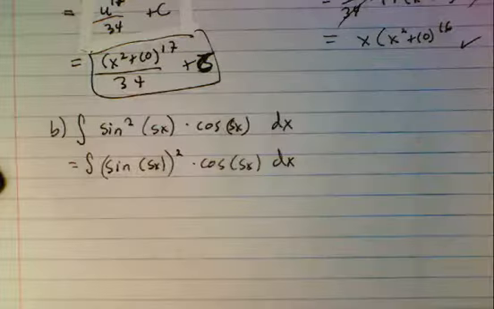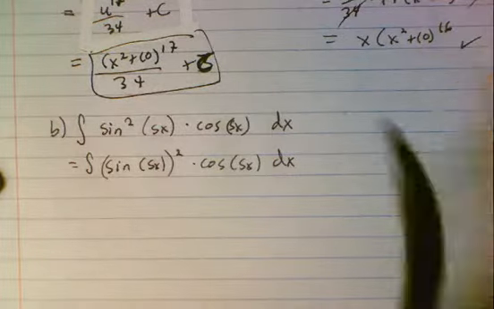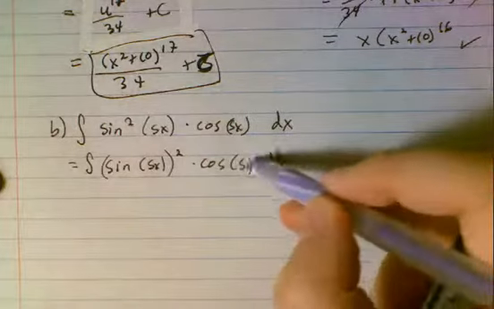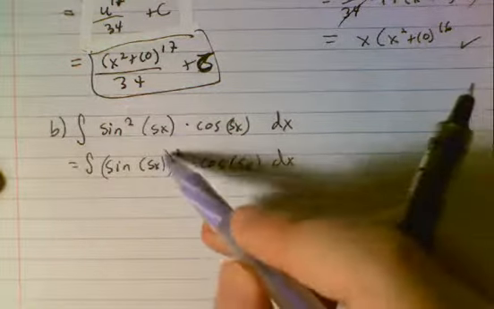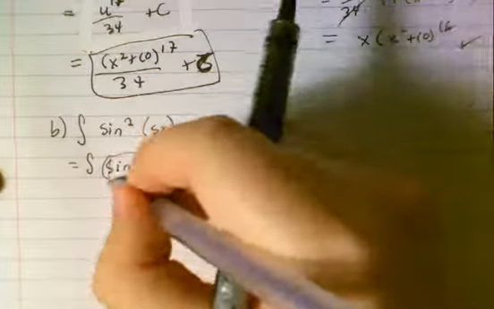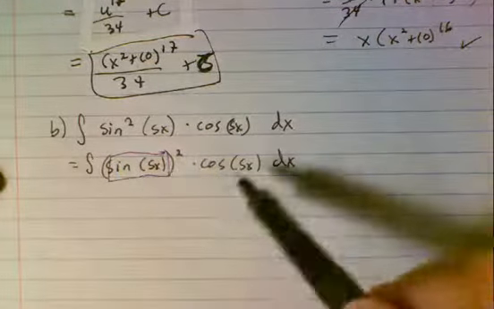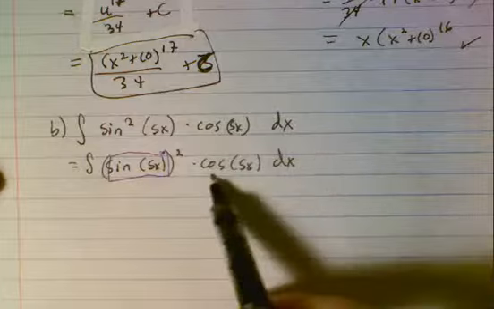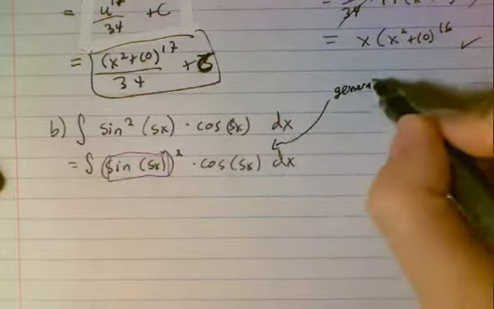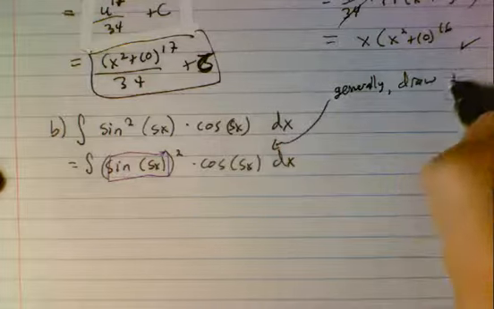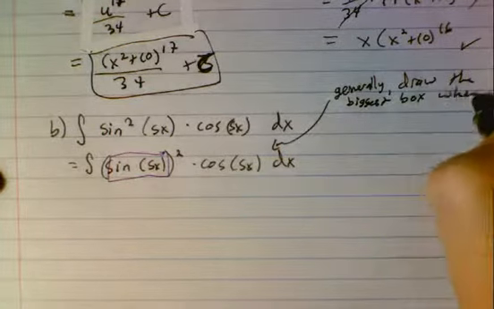When we have a choice, we generally want to draw the biggest box that we can. Because if we do just 5x right here, that's not going to really cancel out any of these sines and cosines. Whereas if we do the box inside the squared, the derivative of the sine of something is the cosine of something, and that seems fairly promising for canceling this out. So I'm going to make a little note. Generally, we want to draw the biggest box when we have a choice.